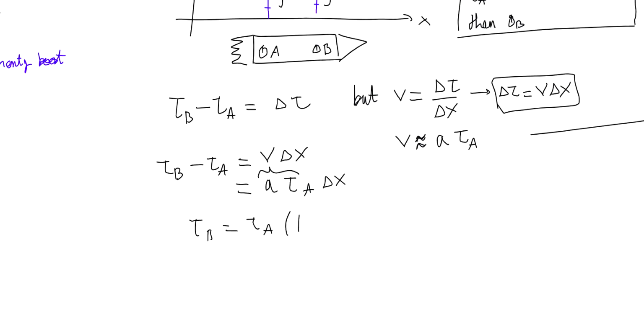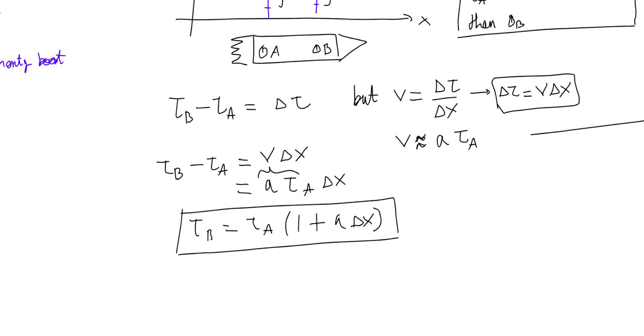So tau B equals tau A times (1 plus A delta X). And this is a very important result that gets us one step closer to understanding why space-time should be curved by massive objects.